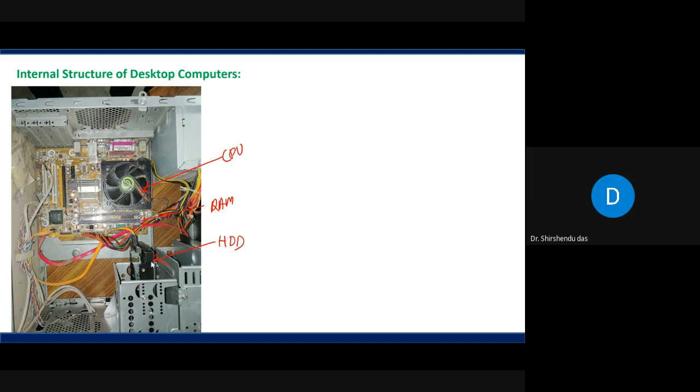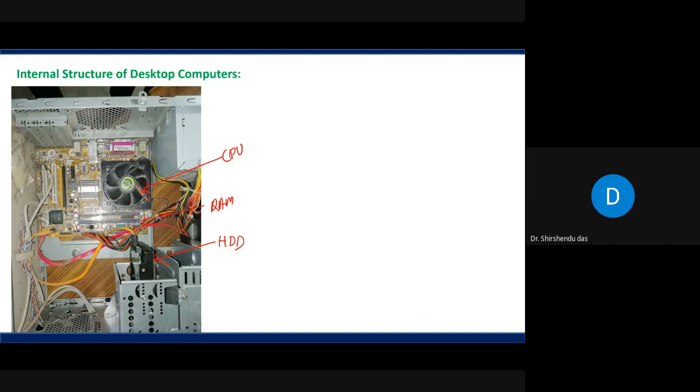Initially, the data stored in the hard disk, one by one, will go from the hard disk to RAM, and from RAM it will go to the CPU. Inside the CPU there are also two types of memories, register and cache memory, that I will discuss after some time. But first the data is in the hard disk. From the hard disk it will go to RAM. From RAM it will go to the CPU. Inside the CPU there is more memory called cache memory. So it will go first to cache memory, and from cache memory it will go to the core. Okay, so this is the sequence.